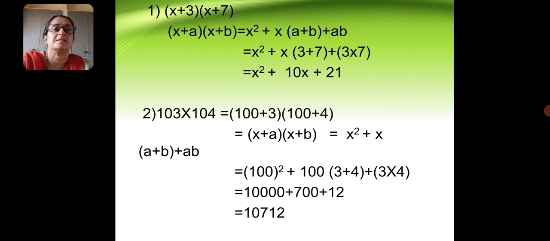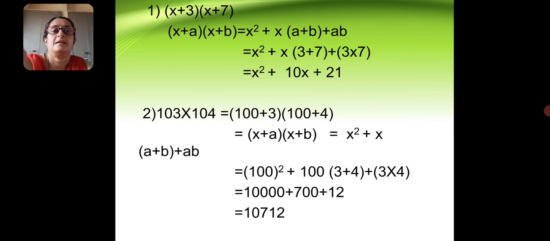So replace the numbers. x square will be x square, x is x, A is 3, B is 7, and last, plus A into B, is 3 into 7. So x square is as it is, 3 plus 7 is 10, into x is 10x, and 7 into 3 is 21. So our answer is x square plus 10x plus 21.